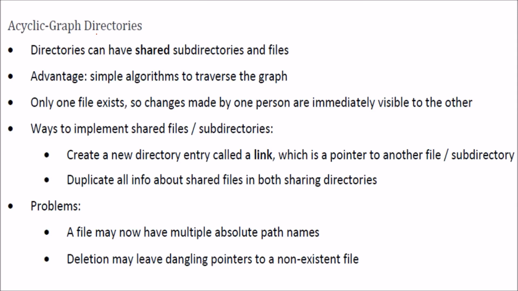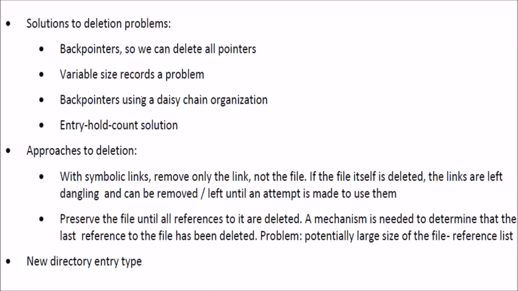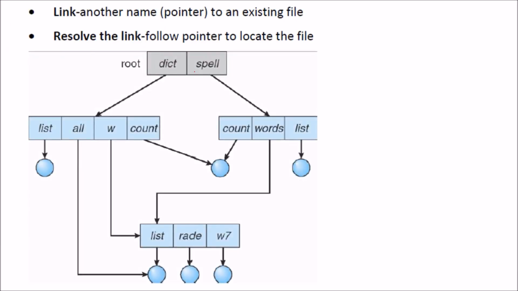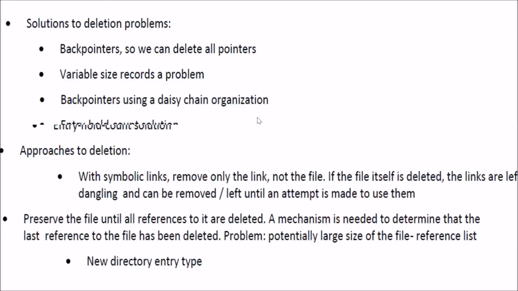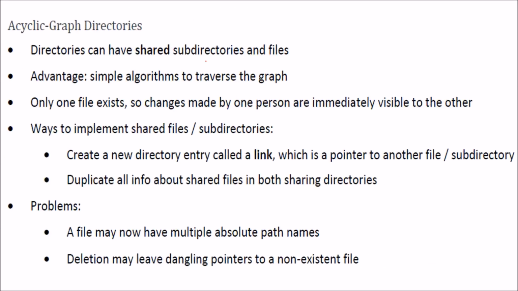Acyclic graph directories. Now see this one. I'll show you the diagram first. This is a kind of formation which we have. We have root with some dictionary or spelling, and then we have all these linked, and this count and this count have this common, right? Now let us see what we want to express here.